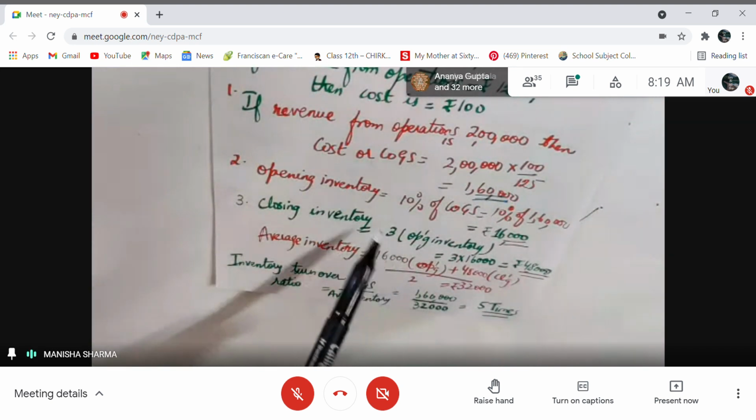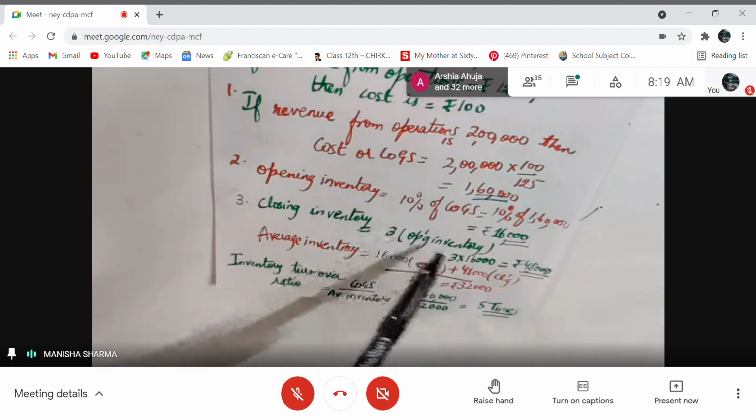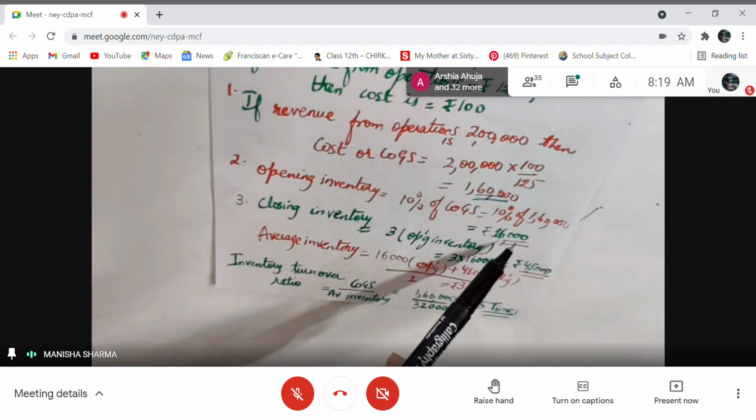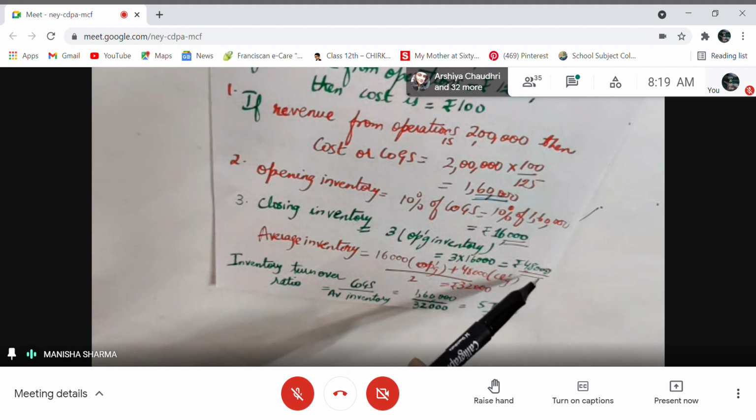It is given in the question that closing inventory is 3 times the opening inventory, right? Opening inventory is 16,000, so 3 times opening inventory means 3 into 16,000, which comes out to be 48,000, right?